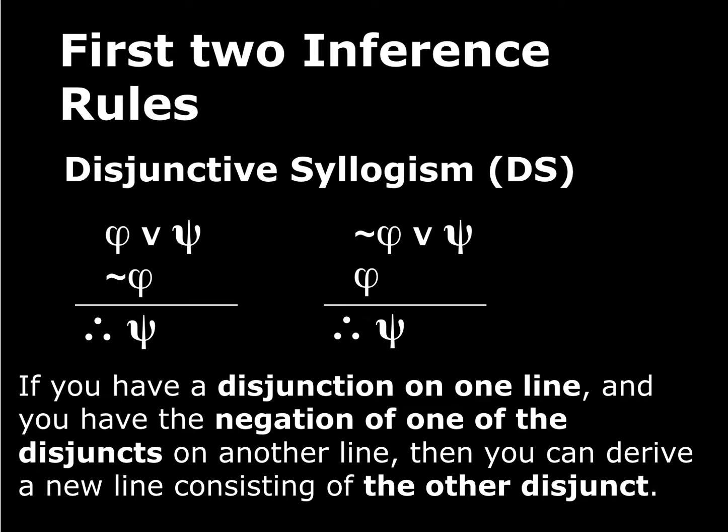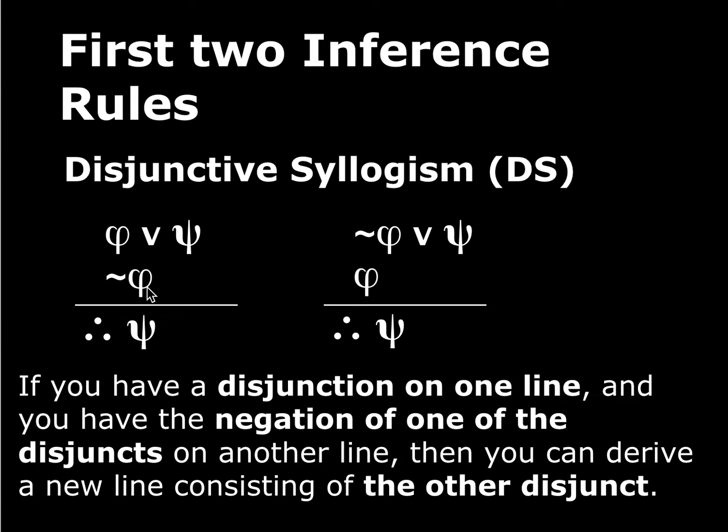Now notice a couple of things here. First off, what does it mean to have the negation of one of the disjuncts? Here we had a disjunction. One disjunct was phi, and then on the other line I had not phi. So this is the negation of that.